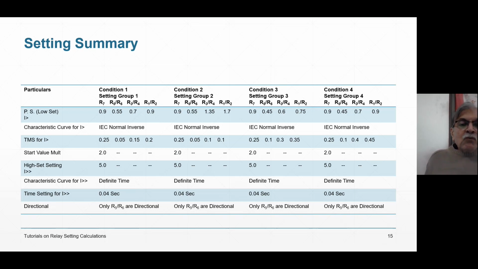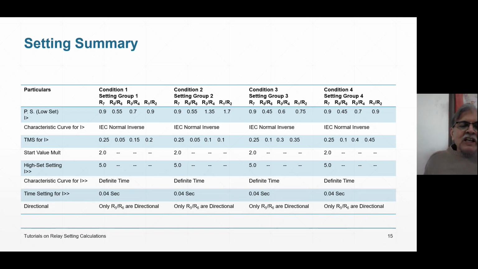So 4 groups, characteristic curves in all 4 groups. Right now I have kept only IEC normal inverse, which I can change also if I so want. I greater than, that is TMS, for I greater than 0.25 for R7, 0.05 for R5, R6, like that you can see. Start Mult, I am using only for R7. I am not using it for any other relay because I am blocking I double greater than for other relays.